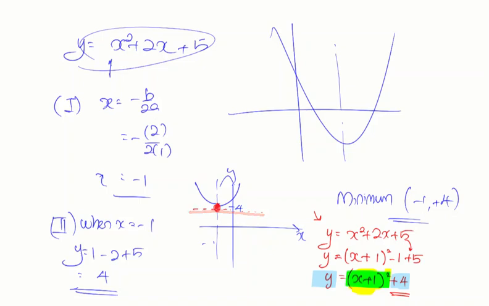This is the smallest value of y. So under what condition? When x equals negative 1, then the y value will be the smallest, which is 4.